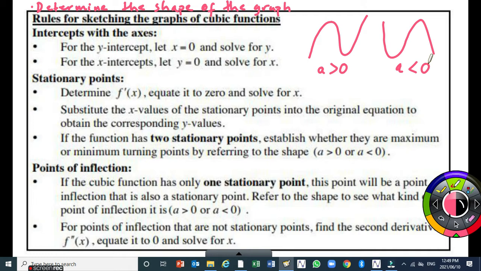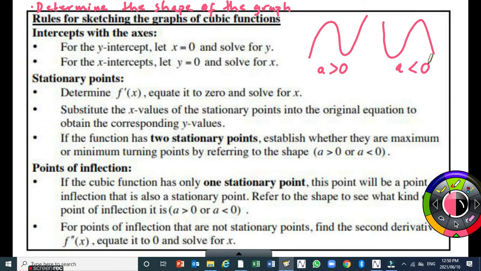After the determination of the shape, the next thing that you have to do is find the intercepts. Your y-intercept is the value of d, so you don't need to do any calculation. Identify your d. If d is 0, then the y-intercept is going to be 0.